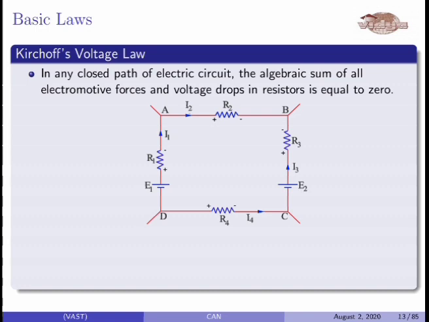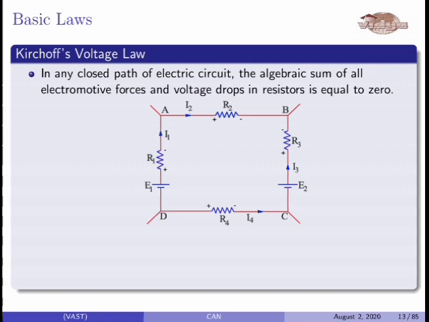And for the electromotive force or the battery, the polarity does not depend on the current flow. For battery E1, the polarity is plus here and minus here. And for E2, here it will be plus, and the lower side becomes minus.